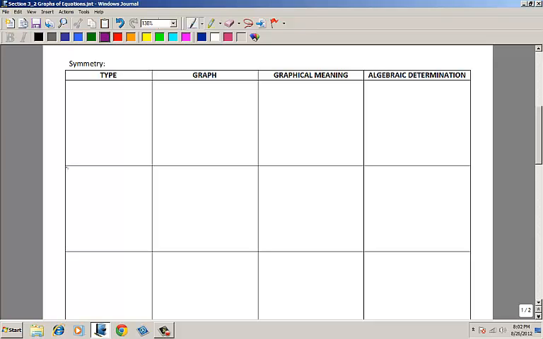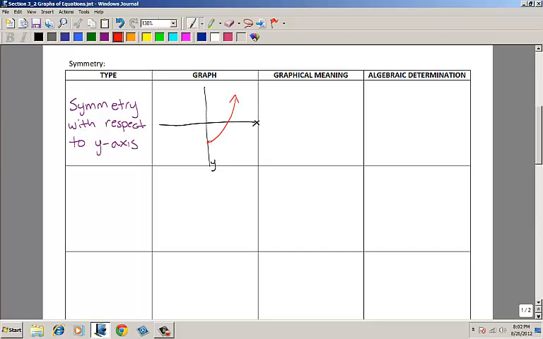The first is symmetry with respect to the y-axis. Let's look at a picture of this. So if this is our coordinate system, here's x and here's y. Something that is symmetric with respect to the y-axis looks like this. So what does this graph mean?